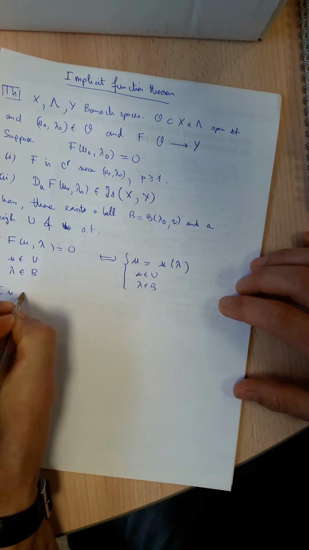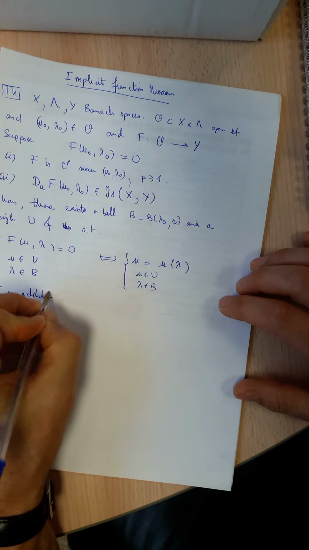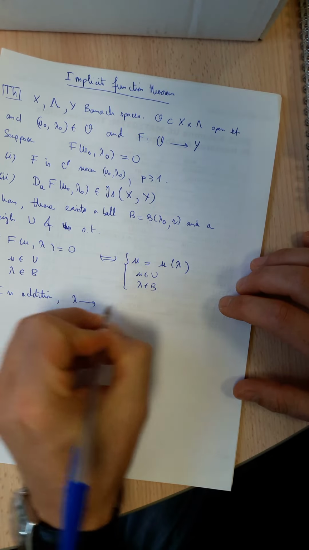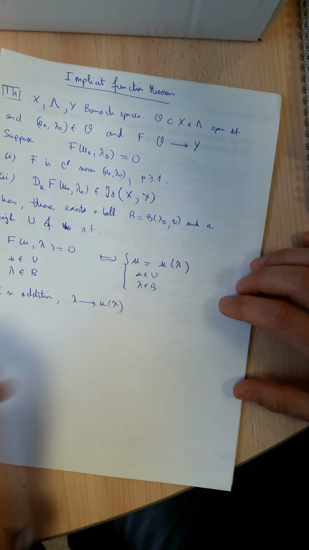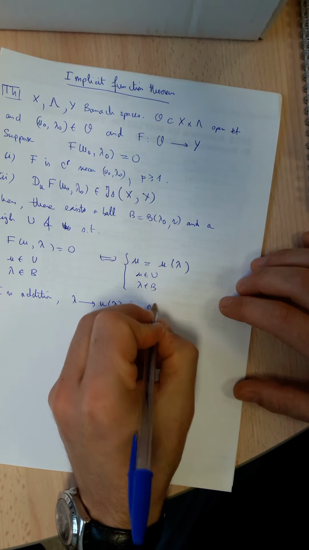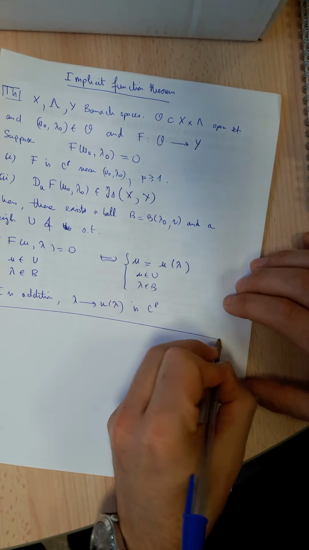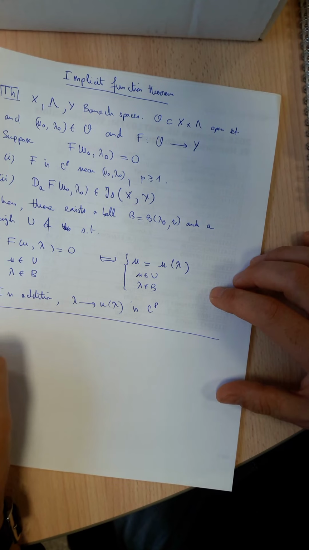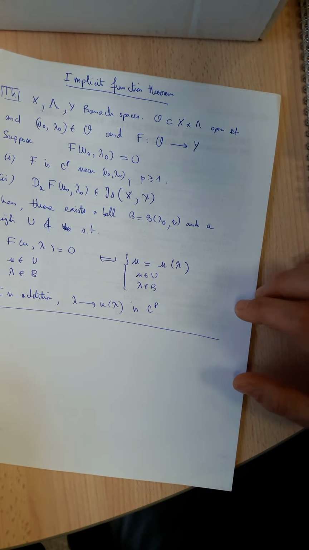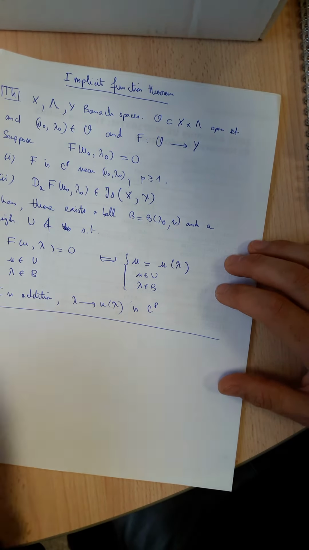And the last thing is that the curve, or the parameterized function u(λ), is of class C^p. All right, the proof of this theorem, once you know the inverse function theorem, is rather simple.